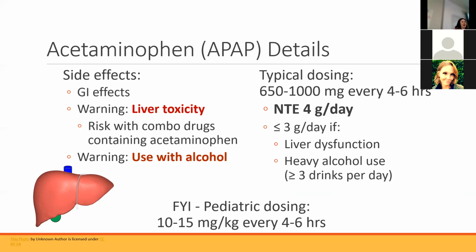With combination drugs, you kind of add up and get too much acetaminophen, taking too much at once or over a 24-hour period, or taking too much over an extended period of time.